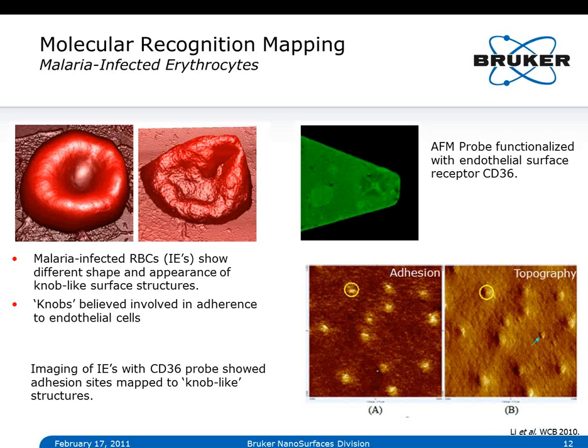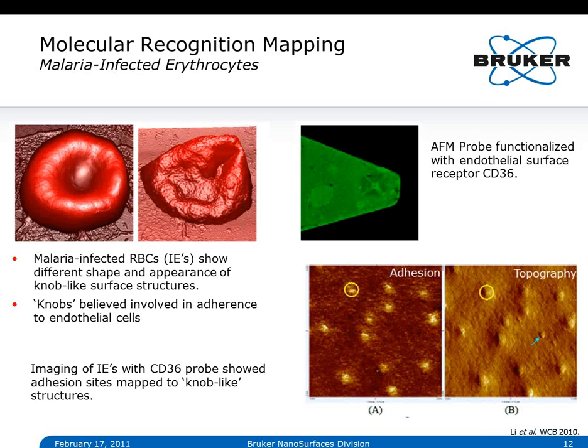On the left side we have an adhesion map, and on the right side we have a topographic map. You can clearly see that every time you see an increase in adhesion, you can relate it to a knobby structure in the topography.